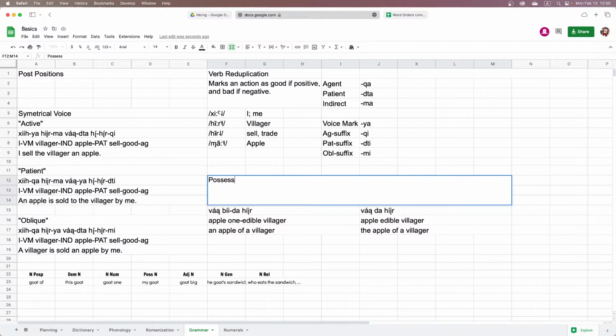Possession is marked by possessed plus measure word plus now possessor. The measure word agrees with the possessed.